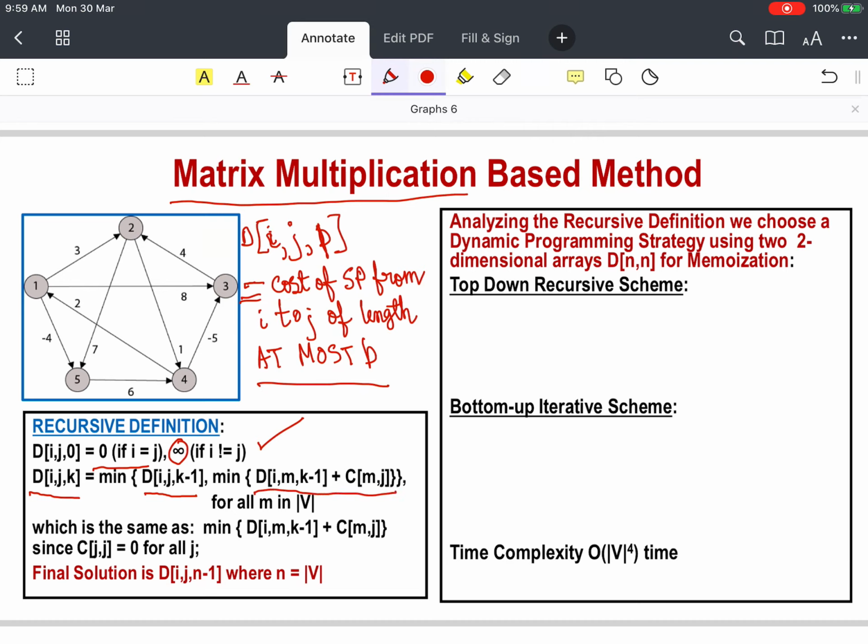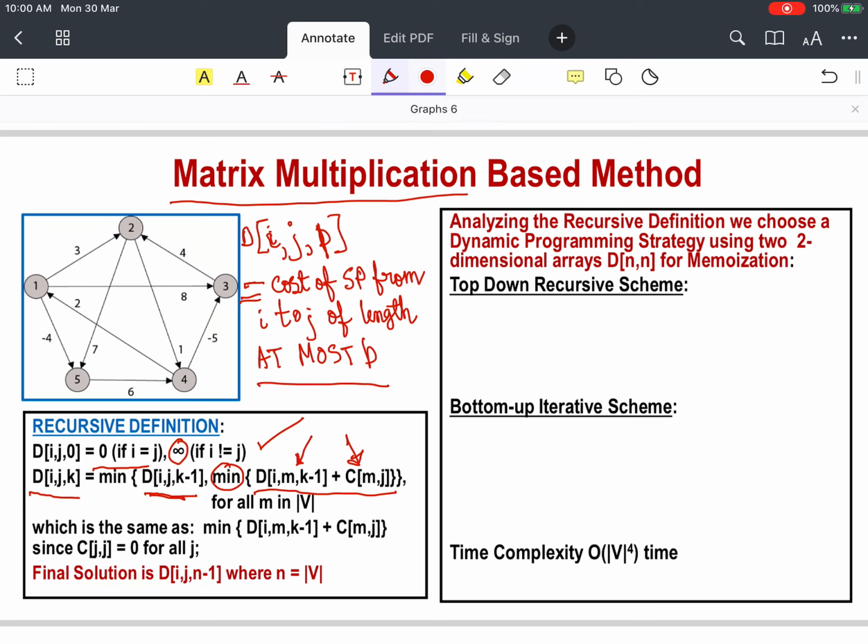That means that there could be a path of length at most k minus 1 to a node m, and from m to j. So we add these two for all m and find the minimum of that and take the minimum with this. Obviously we are going to get a shortest cost path of length at most k.